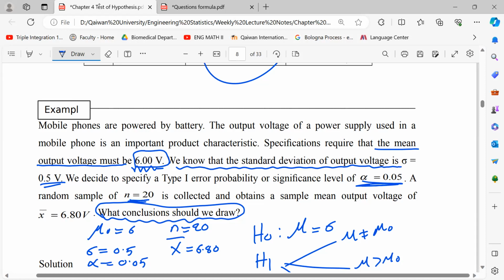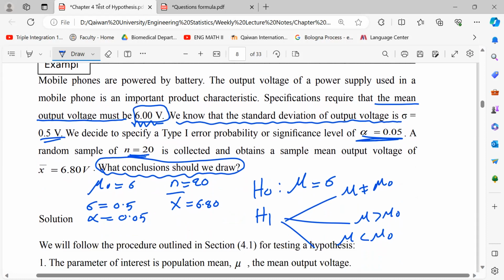This is the null hypothesis. Later on, we have some examples where mu is greater than mu naught, or mu is less than mu naught. We have these cases also. But in this example, the alternative hypothesis is that mu doesn't equal 6.